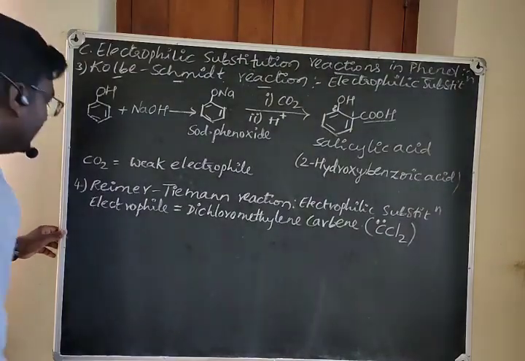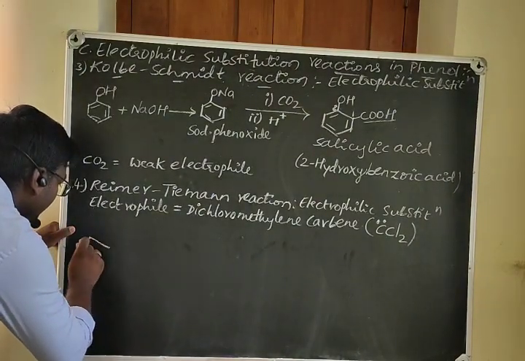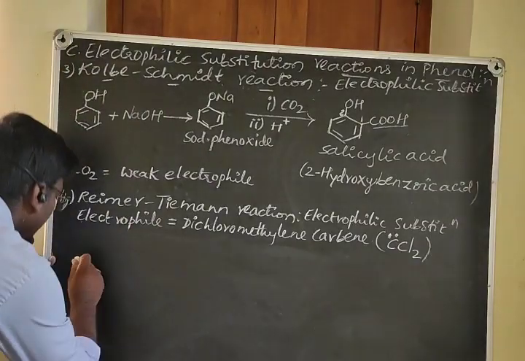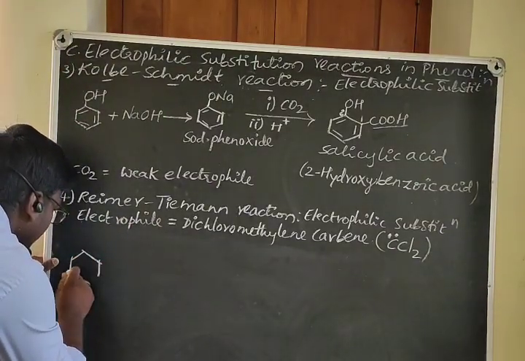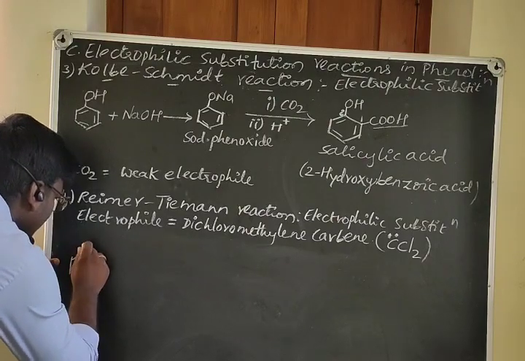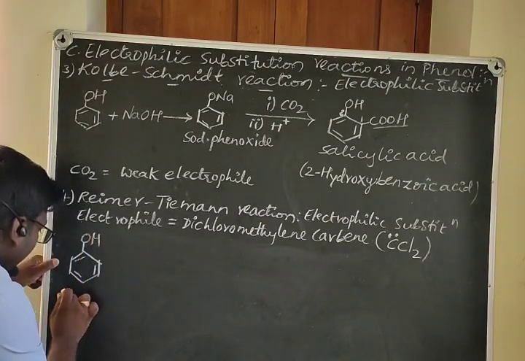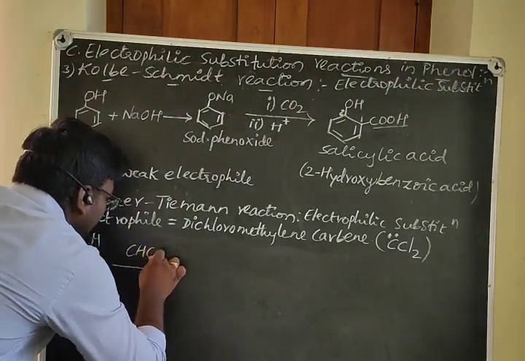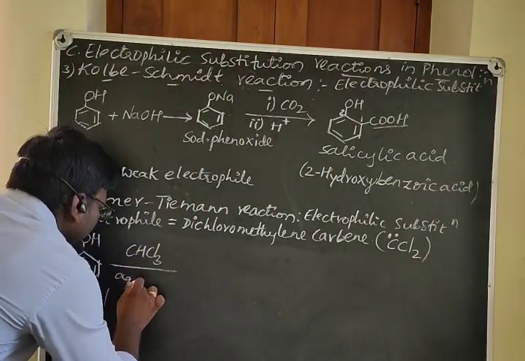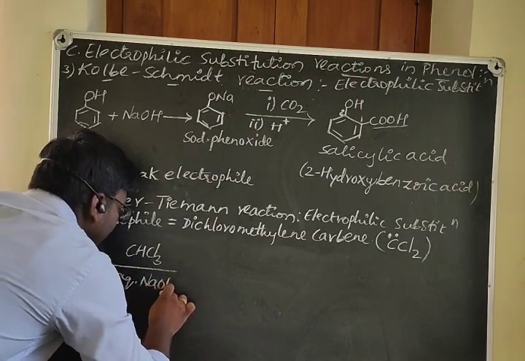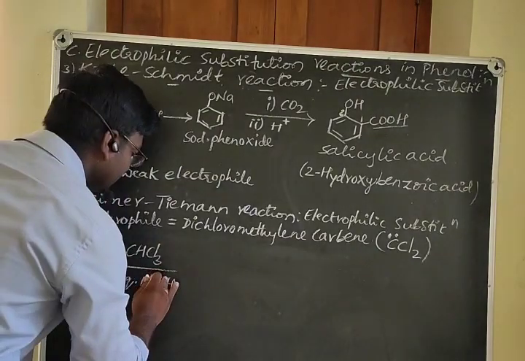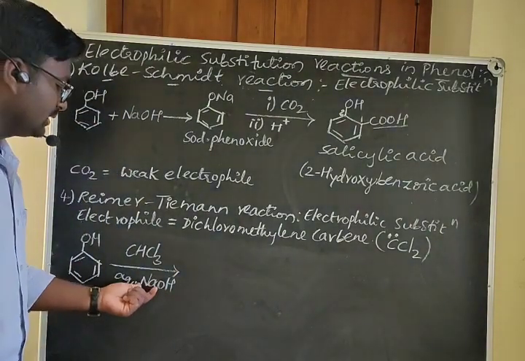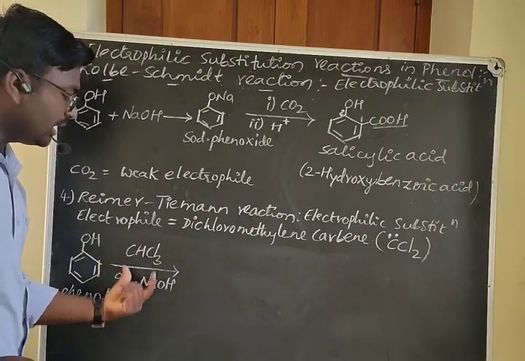Now let us write the reaction equation for this. Here phenol is treated with alkaline chloroform. What is alkaline chloroform? Here chloroform is mixed with aqueous NaOH, and this makes the basic chloroform or alkaline chloroform.